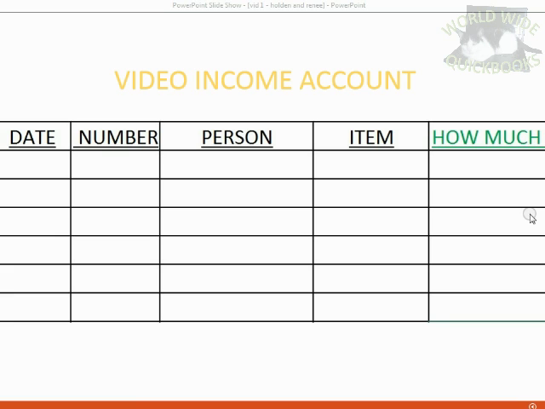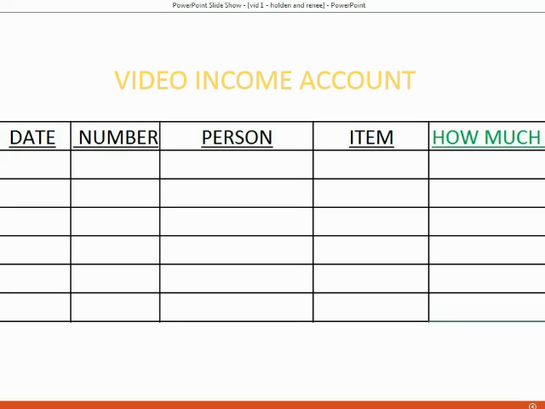For example, let's take the first item on the list, video income. Let's imagine the picture you're looking at now is a piece of paper somewhere in a notebook, and every time Holden earns video income by performing a service, he would write down the details of that event here in the video income account.